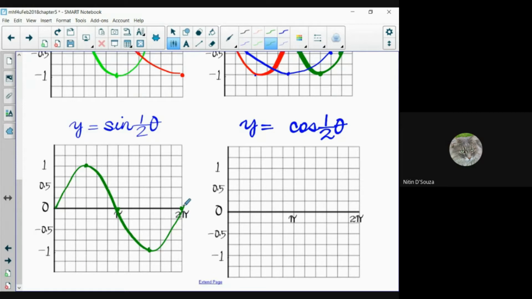Sine of a half theta will take all my x values and multiply them by 2 because it's a horizontal stretch of 2. So 0 is still at 0. 1 becomes 2. 3 becomes 6. 5 becomes 10. And 6 becomes 12.